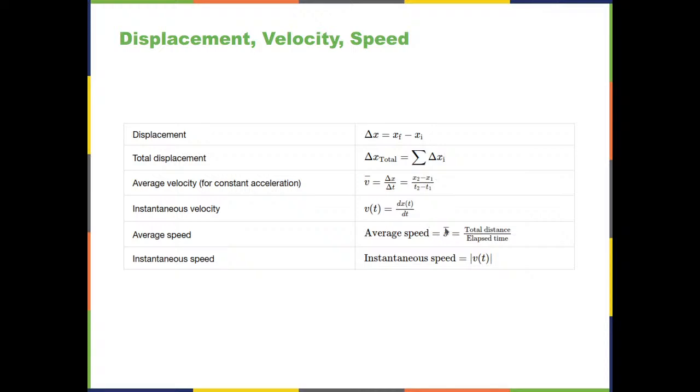Instantaneous speed is the absolute value of the instantaneous velocity. Average speed talks about total distance traversed over elapsed time, and is not necessarily identical to the absolute value of the average velocity.